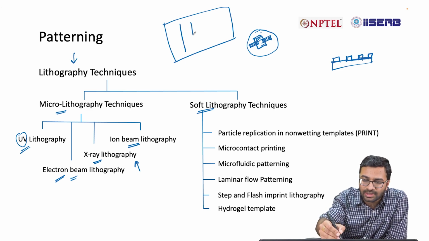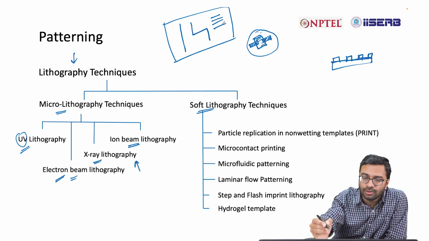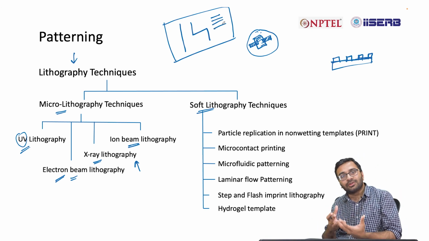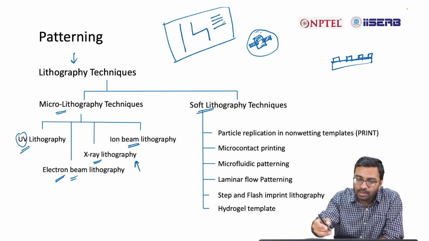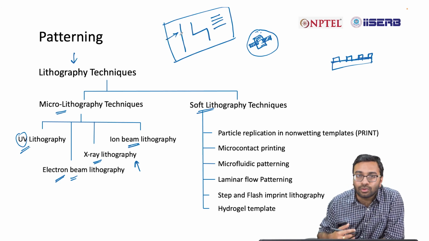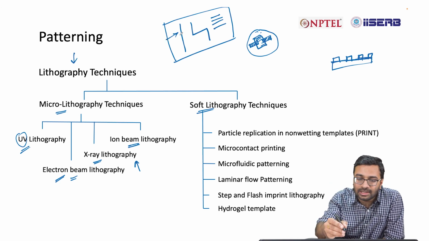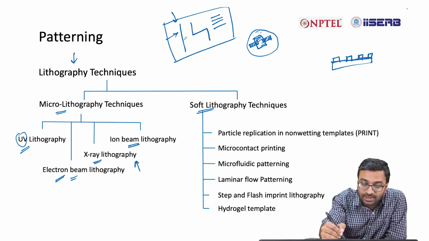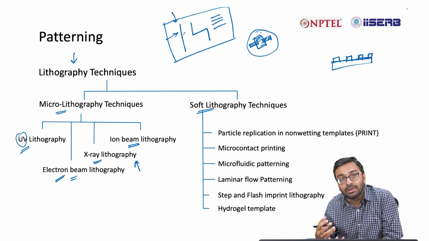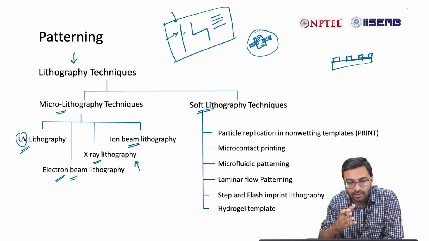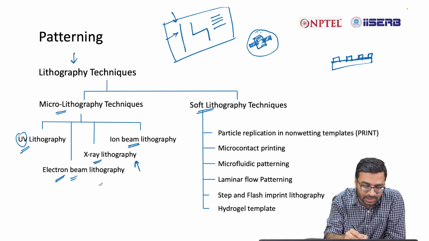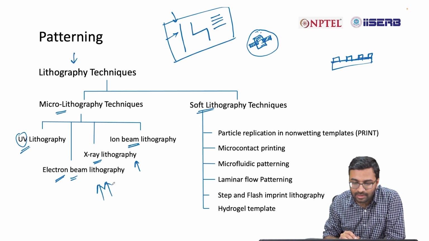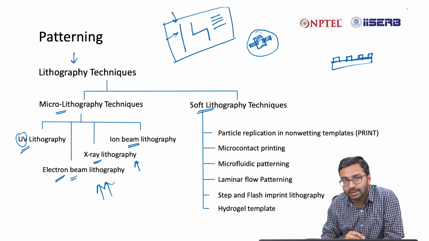So you need to write something like this, or you need a pattern like this. Lithography is a technique of that sort. Now when you are making those patterns, you need different sources. This can be a light that is falling on top of the substrate and then creating this pattern. This can be a laser, this can be an electron beam, or this can be, say, an ion beam. So based on that the lithography can be classified. That is what is written over here. And then we have the soft lithography technique.